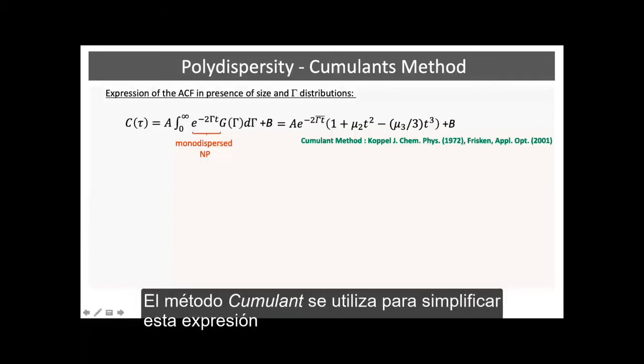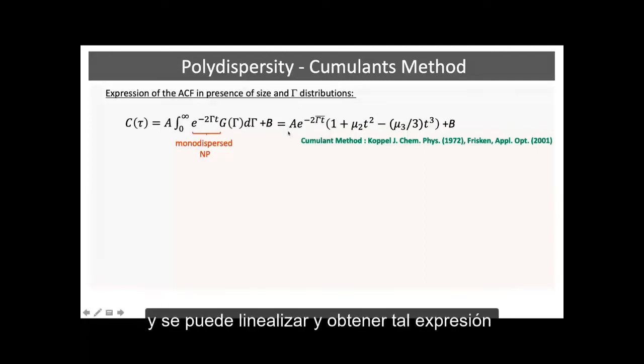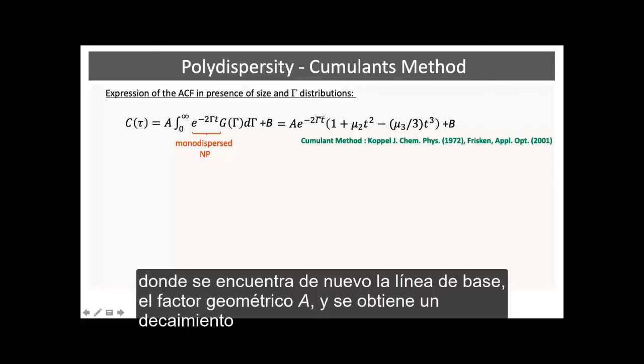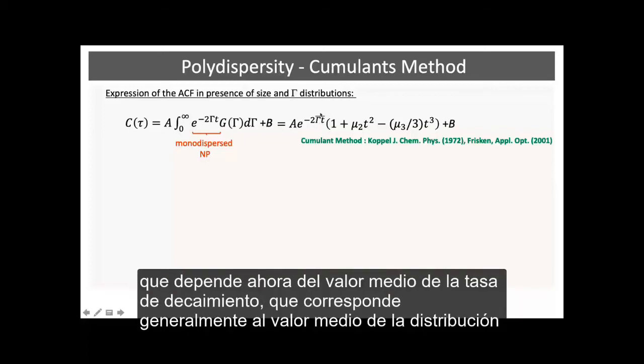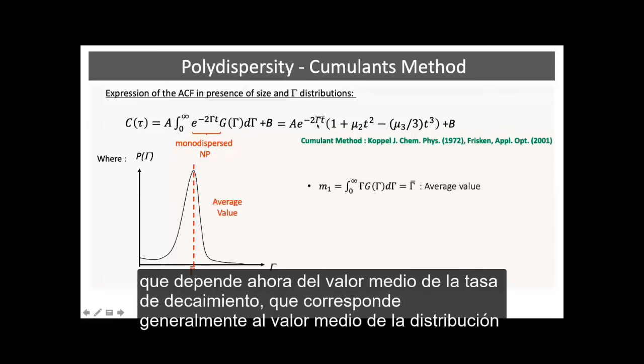The cumulant method is used to simplify this expression, and you can linearize it and get such an expression, where you find again the baseline, the geometrical factor A, and an exponential decay which now depends on the mean value of the decay rate, which usually corresponds to the mean value of the distribution.